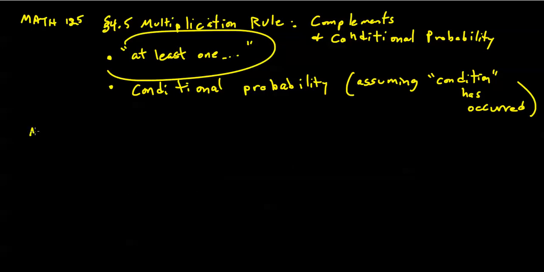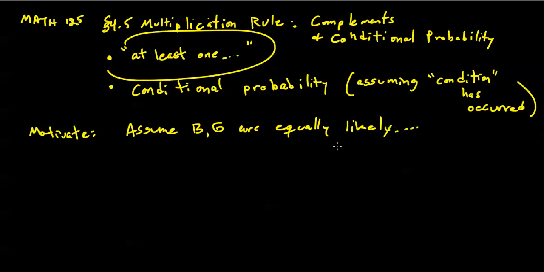I always like to try to motivate things with an example. Motivation example, let's do a boy-girl thing. Assume boys and girls are equally likely in any birth, and a couple has 3 children.